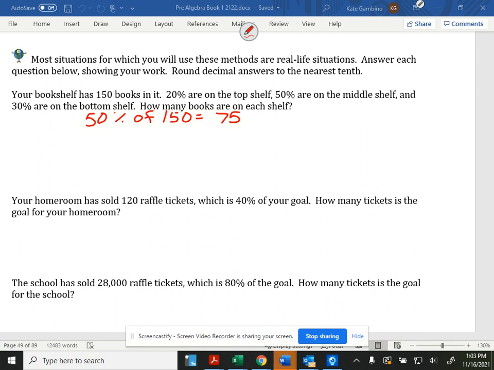Why did you do 40% of 75? Well, you could also do 20%. So if you were to do 20% of 150, she got 30. And then I added it all up just to make sure it was correct.